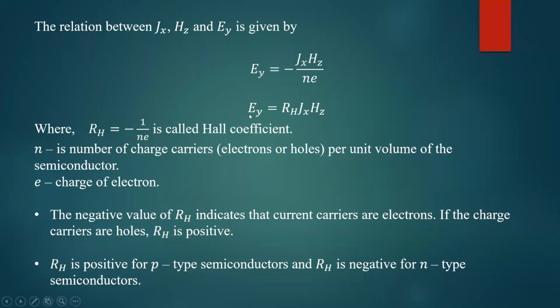Here you can replace this minus 1 by Ne as the Hall coefficient RH. Therefore, the effective Hall electric field Ey is equal to RH Jx into Hz.